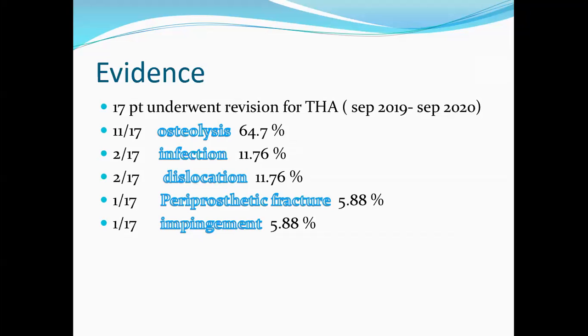So it's common, about 65% of the causes. 2 patients had infection, 2 patients dislocation, 2 patients periprosthetic fracture, and 1 patient impingement. So it's a common complication that may lead to revision of the total hip.